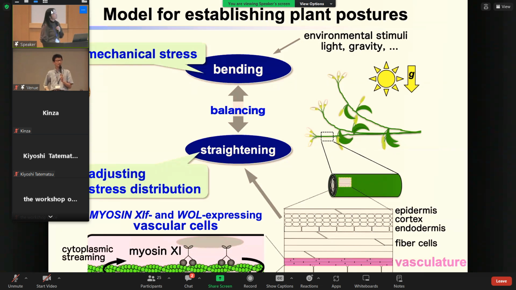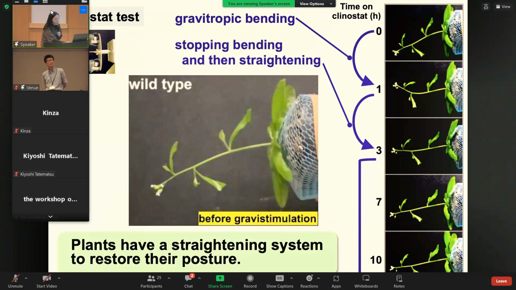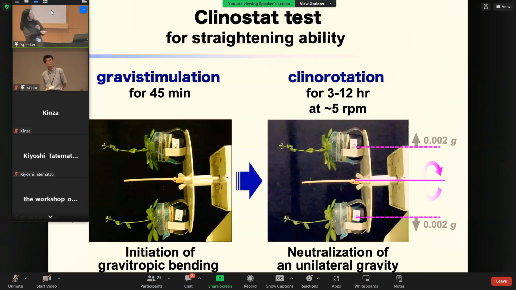I think your model is considering the effect of gravity, but under the clinostat rotation condition, the gravity vector is nullified. So I wonder why. At first, we placed the plants for 45 minutes to induce gravitropic bending, and after that, clinostat rotation.